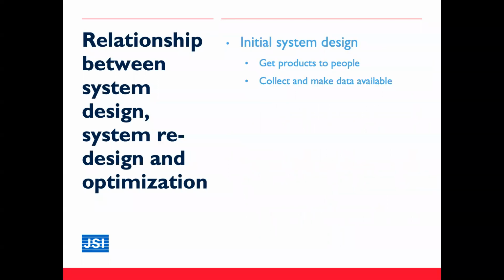We would never want to design an inefficient system or one that cannot provide products to the end users. So you can certainly think about maximizing efficiency and effectiveness and reducing risk during the initial design of the system. But oftentimes when setting up an initial supply chain, the primary focus is to get products to the clients and ensure all the needed data is collected and available for decision making, rather than on creating efficiency by reducing inventory levels and streamlining processes, for example.